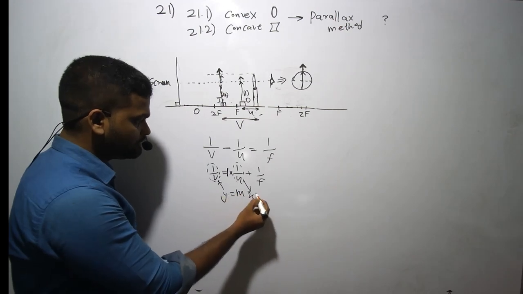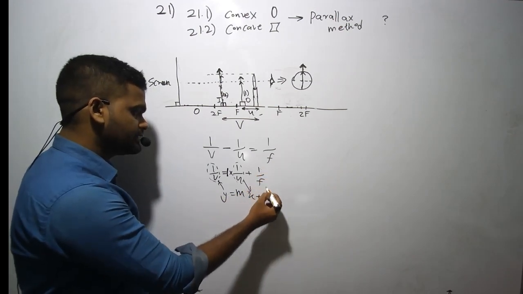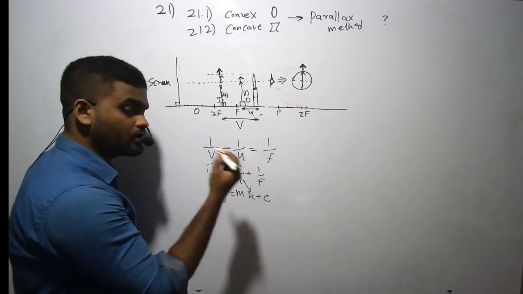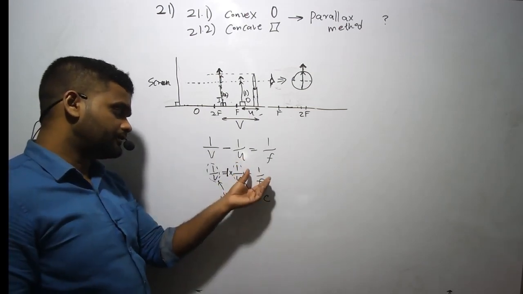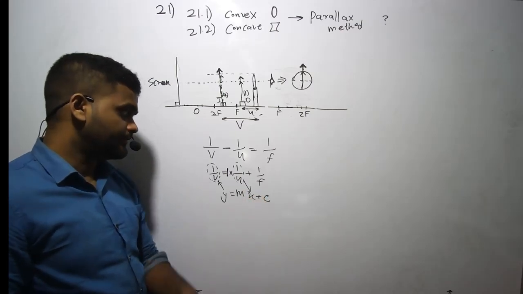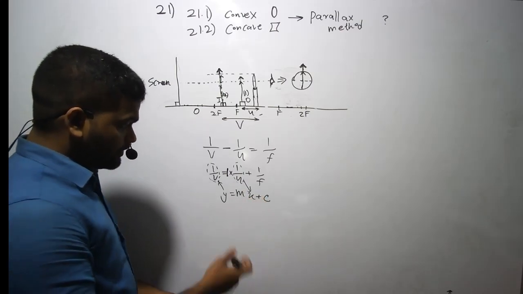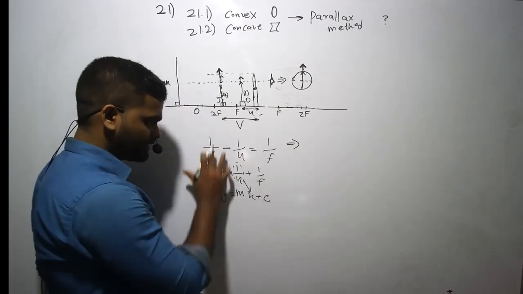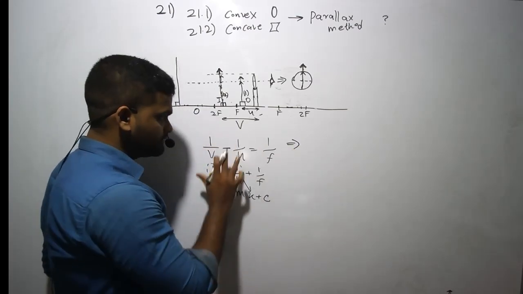So it is y equals mx plus c. You can see the intercept is going to be 1 over f. Reciprocal of the focal length is going to be equal to C. So this is the theory behind that.